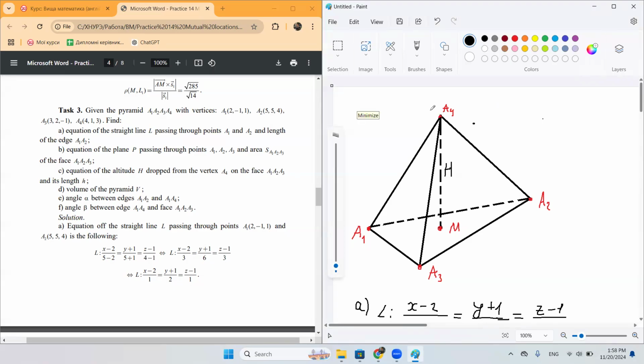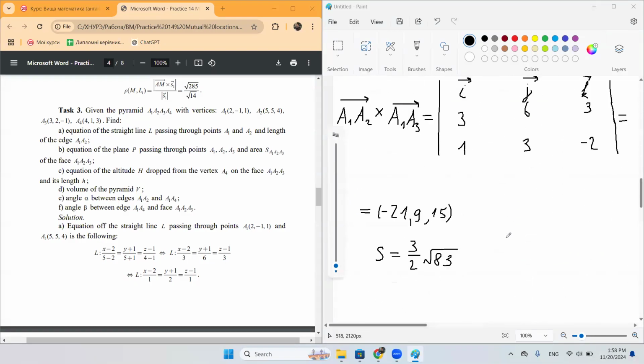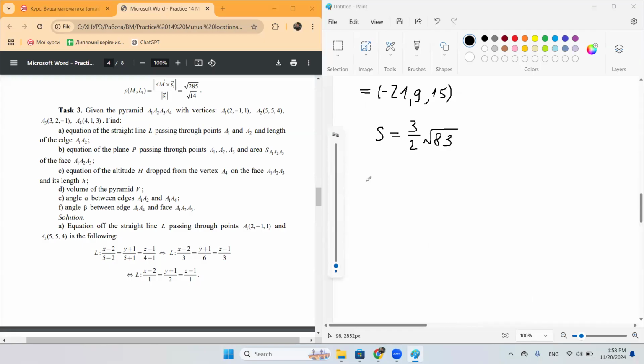Sophia? We know that the direction vector of the altitude equals the normal vector of the plane, and that's why we can construct the equation. Yes, so let's do it. That's just what we needed. There is no need to find M.